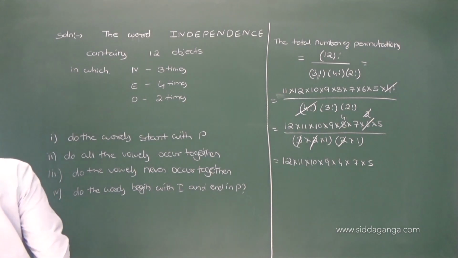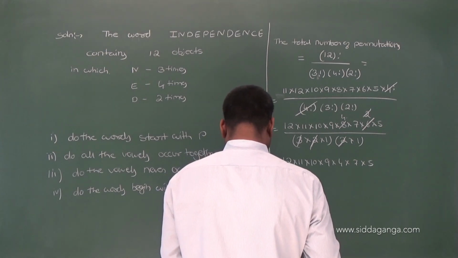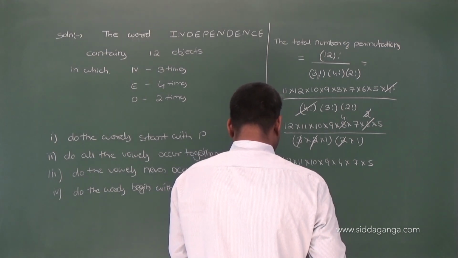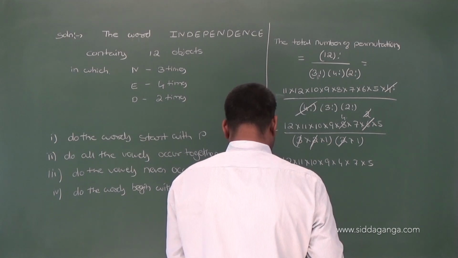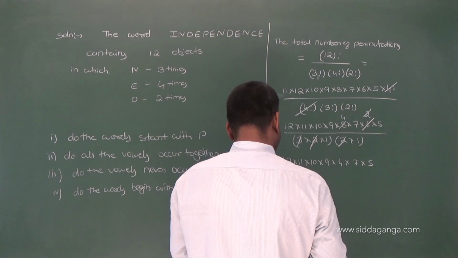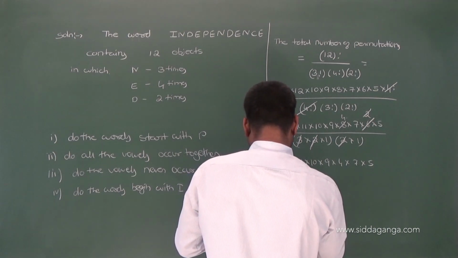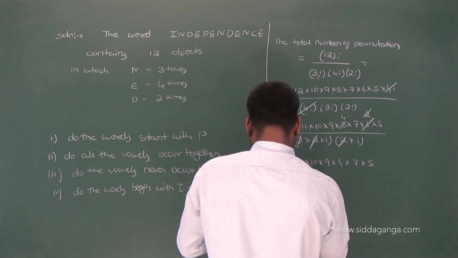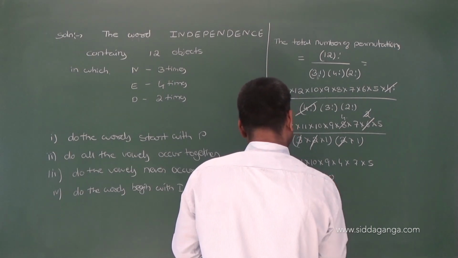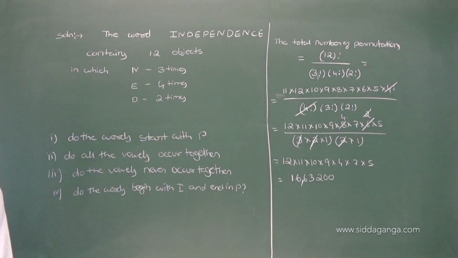Calculate the answer. 12 into 11 into 10 into 9 into 4 into 7 into 5 is 16,63,200, that is 16 lakh 63,200.